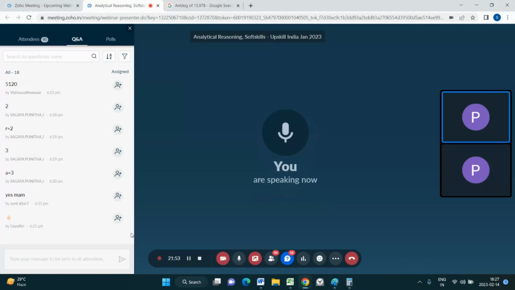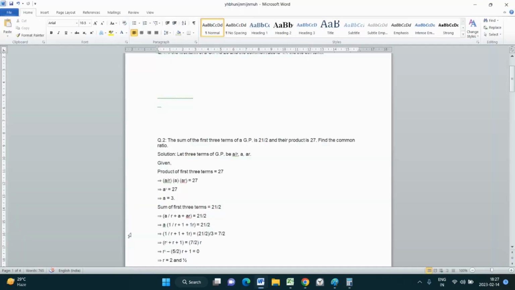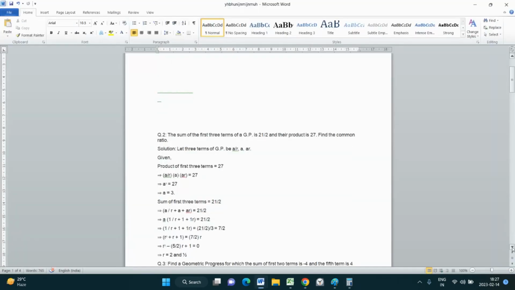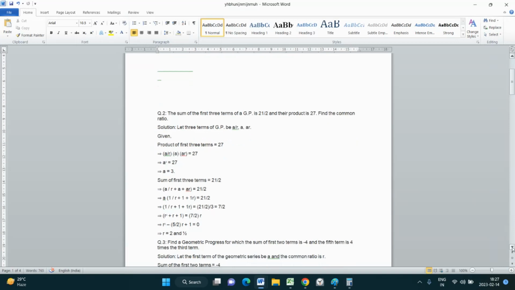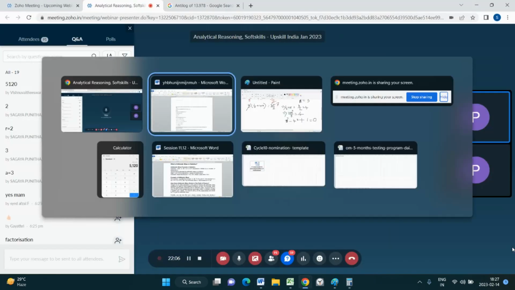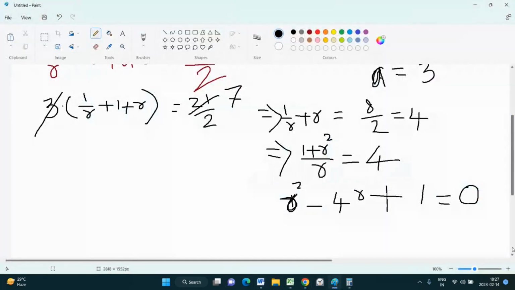Can you factorize this? Factorization தெரியுமா எல்லாருக்கும்? Do you know what is factorization? Can you tell me what is this? I'm asking you.